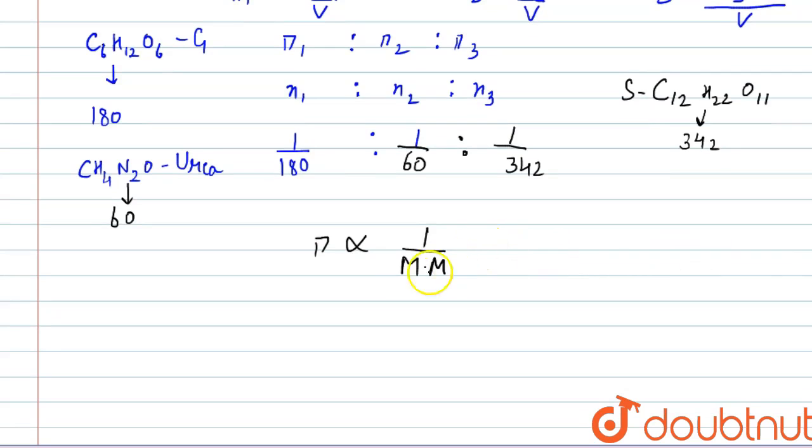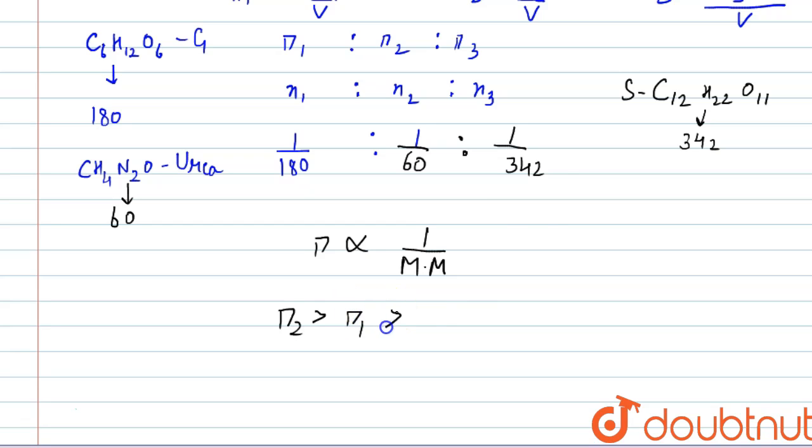Now the one with lower molecular mass will have the highest value of the osmotic pressure. Now we can see that urea has the lowest molecular mass, that is 60. So pi 2 will be greatest, that is of urea. And we know that the molecular mass of glucose is greater than that of urea but less than that of sucrose, that is 180. So pi 1 will be in between these two.